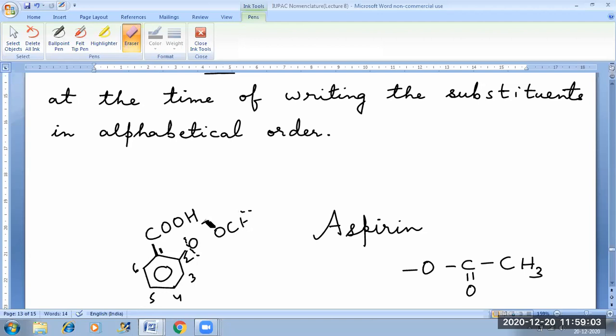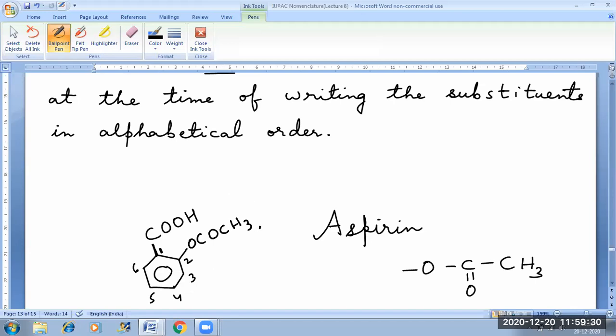Right? So if I want to write down the IUPAC name of this compound, how will I write? The numbering will be done in this manner. Why? Because the principal functional group is carboxylic acid, COOH. So this is how I will number 1, 2, 3, 4, 5, 6.